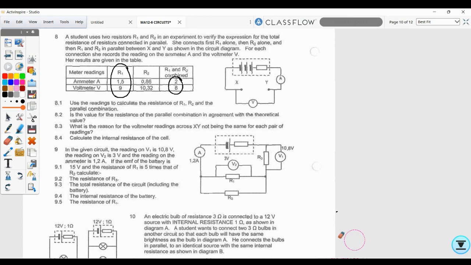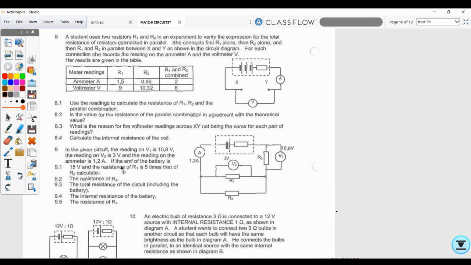If you add something in parallel, total resistance decreases, therefore total current goes up, therefore I times little r will increase, otherwise the readings would be the same. I times little r will change because little r stays constant, therefore V external will decrease because EMF is constant. The same argument we used earlier, but write it out properly and use the right equations.